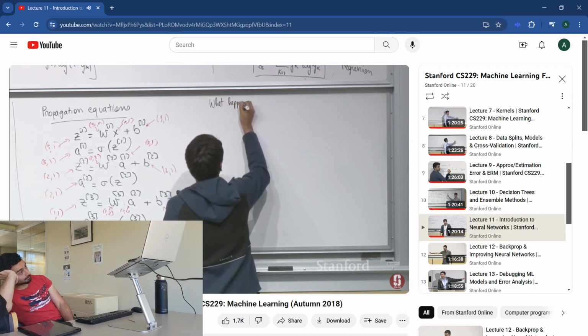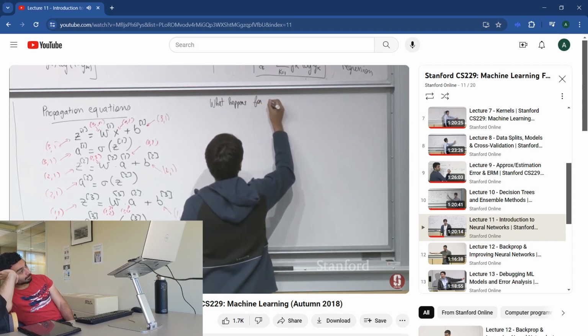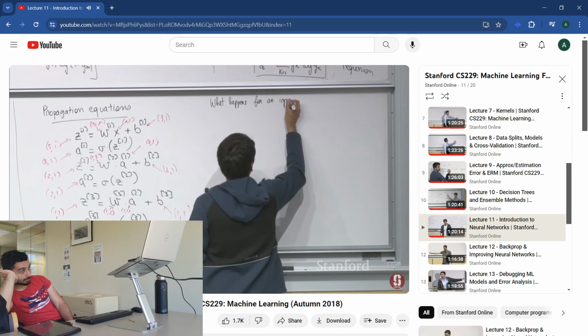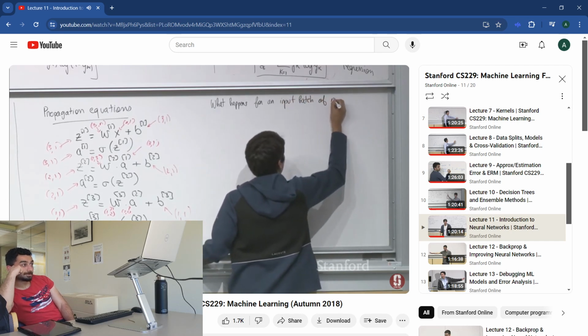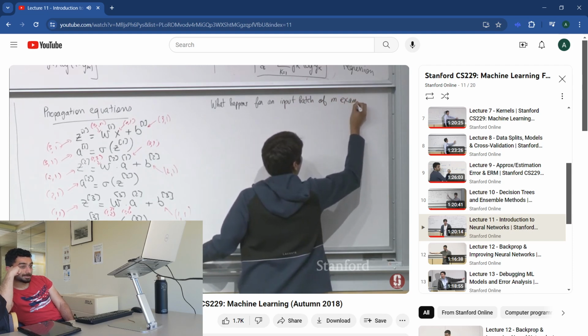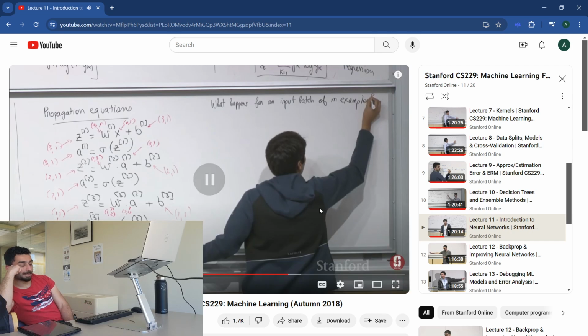What happens for an input batch of M examples? We have M examples, we have M cats, and we call it an input batch.